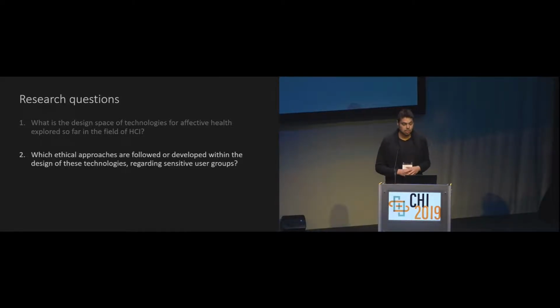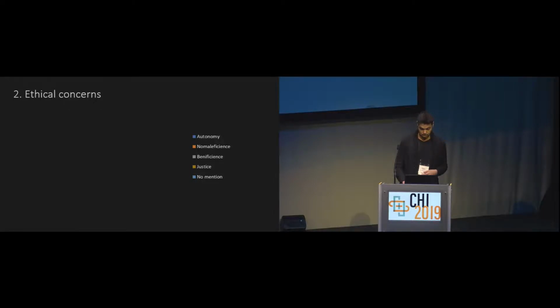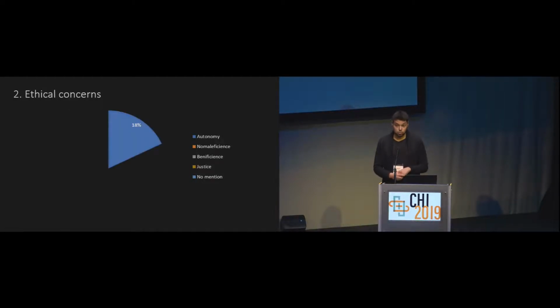The second research question is about ethics. So we asked which ethical approaches are followed or developed within the design of these technologies regarding sensitive user groups, particularly since people that suffer from affective disorders can be considered particularly sensitive user groups. So the papers that do mention ethics were mostly concerned with the respect for the voice of people living with affective disorders and would address issues related with consent and privacy, that we here mention as autonomy concerns.